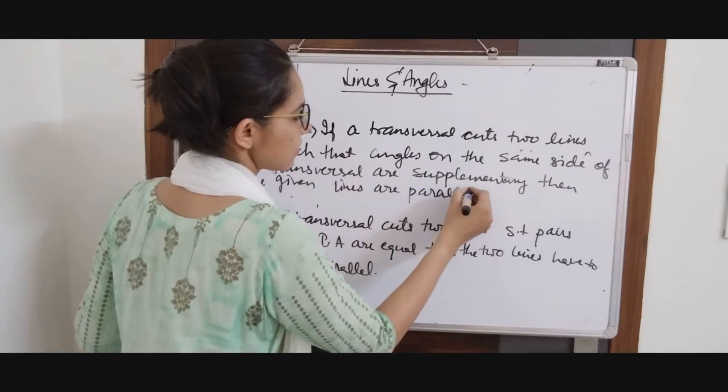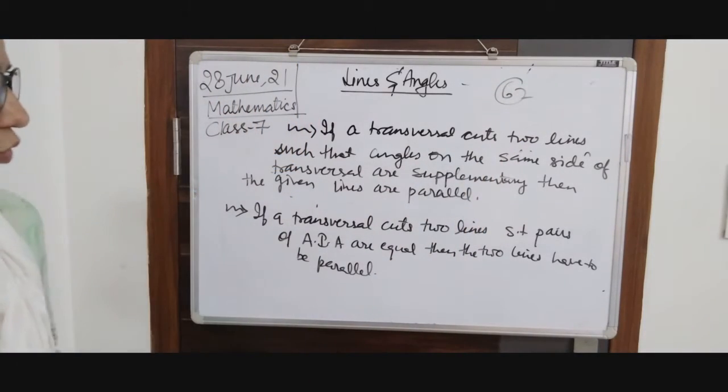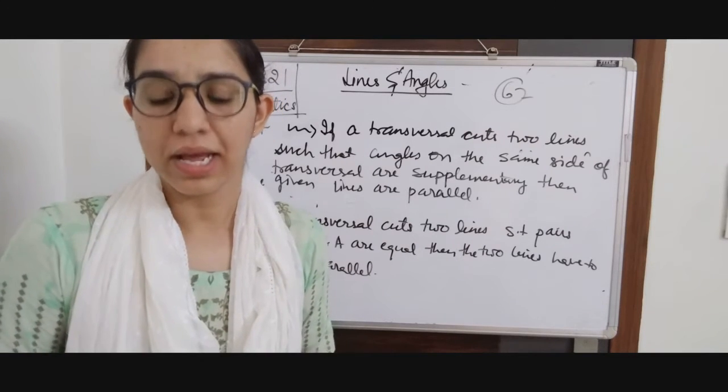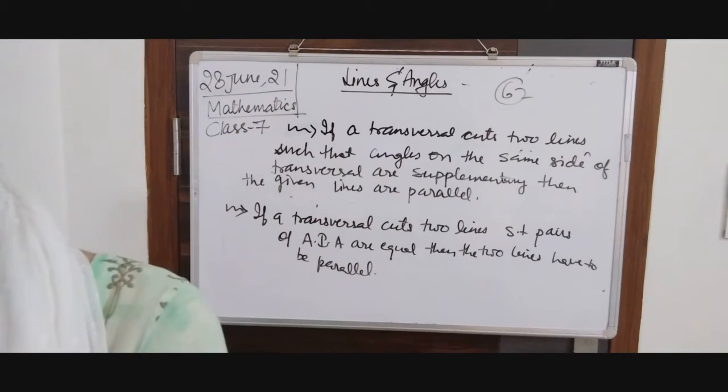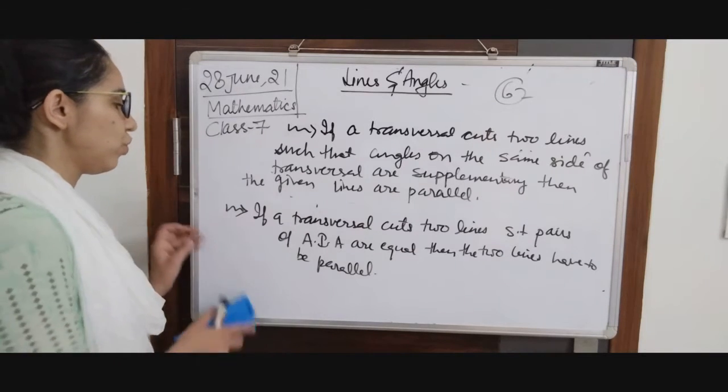So these are 6 properties which we used in some questions, at least I guess 3 questions in yesterday's class. We will be using them in more questions of exercise 5.2.